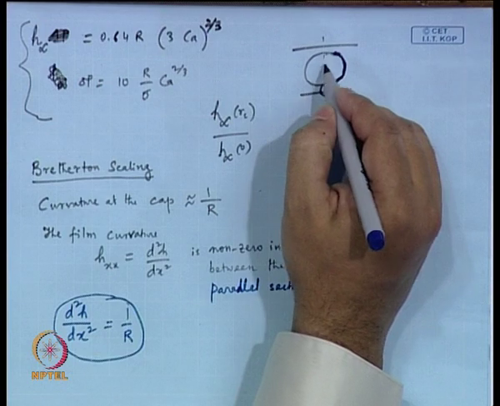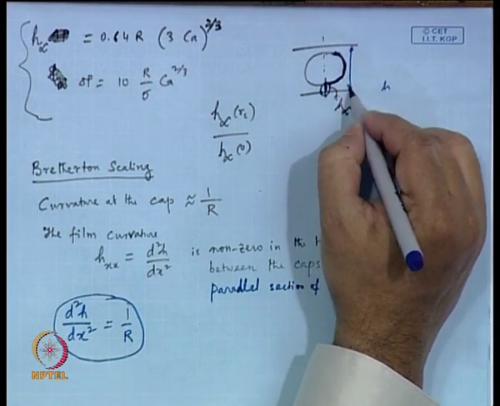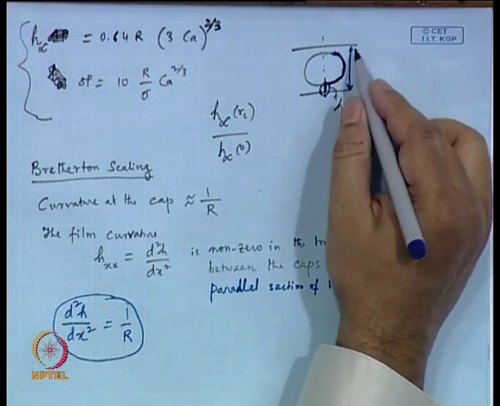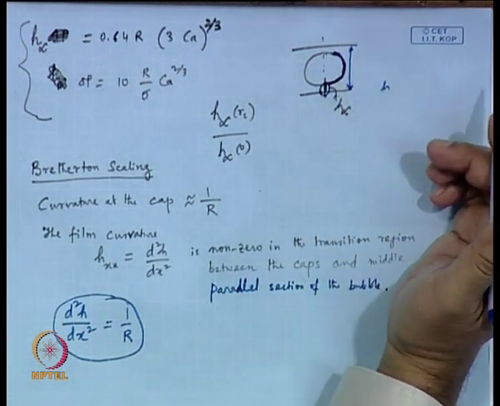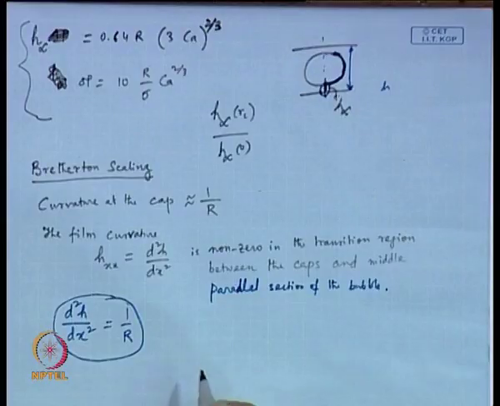If I talk about H divided by the radius or 2r of the microchannel, what is that order? Is it close to 0.5 or is it close to 0.5 in 10 to the power minus 5? So, if somebody wants to know that order, probably this analysis could be useful. That is what has been done in Bretherton scaling.